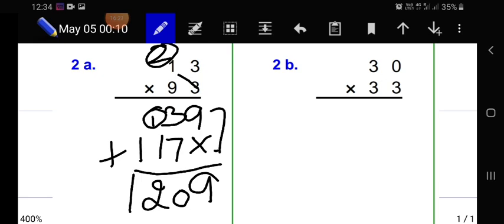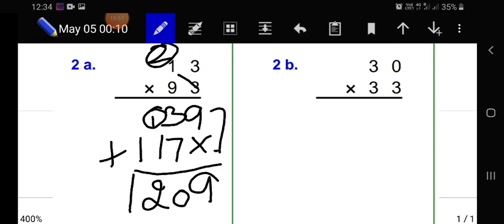So first of all, we will take the digit at ones place from the multiplier. 33 is the multiplier, and the digit at ones place is 3. In this sum, both the digits at tens and ones place are the same, so that's why I am telling you. So we will take the digit from ones place.